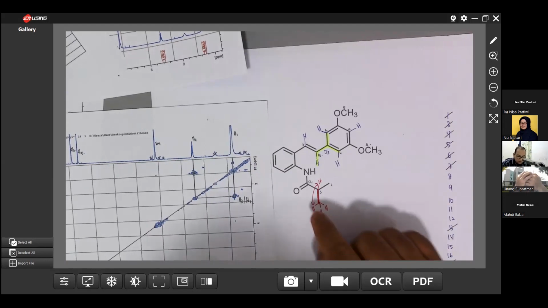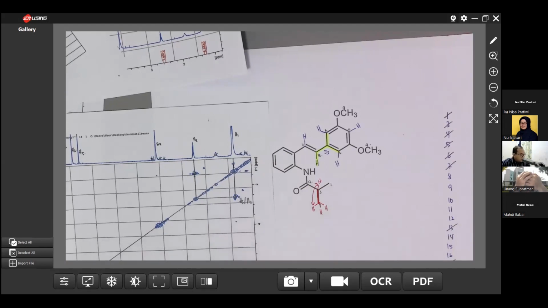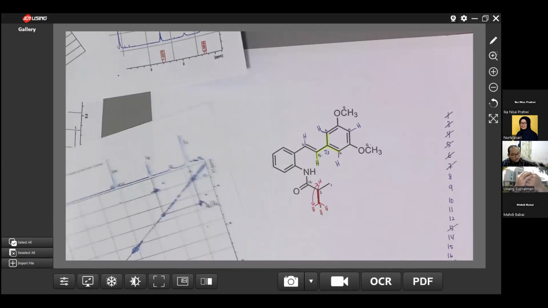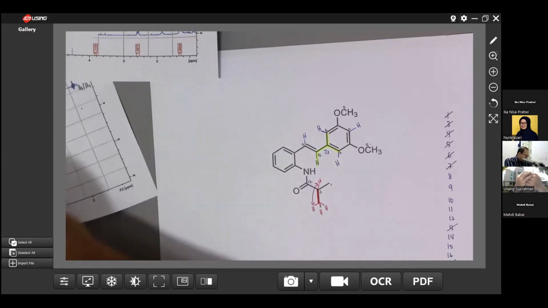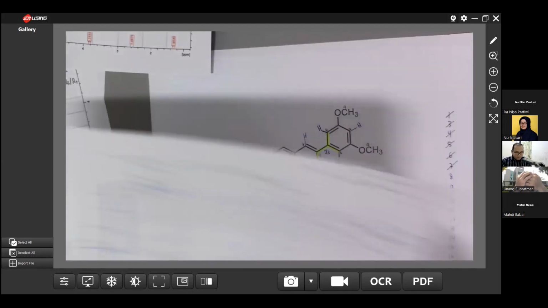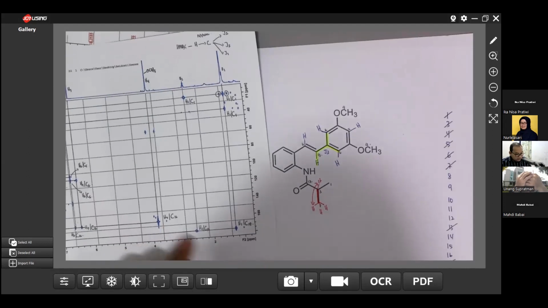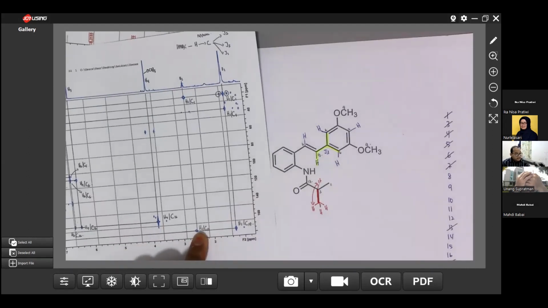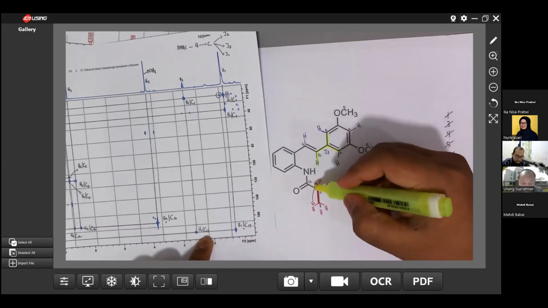Next, how do we know the location of 3 and 17? Check again the HMBC or the table that you have. Let me find the HMBC. I will show you the correlations. If you see the HMBC clearly, H3 can see carbon 17.